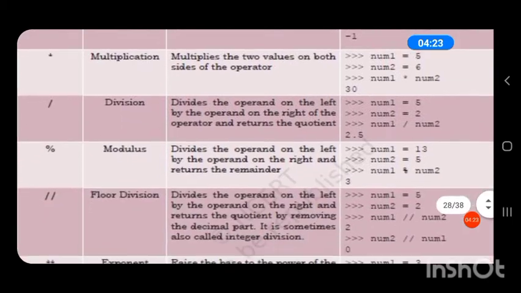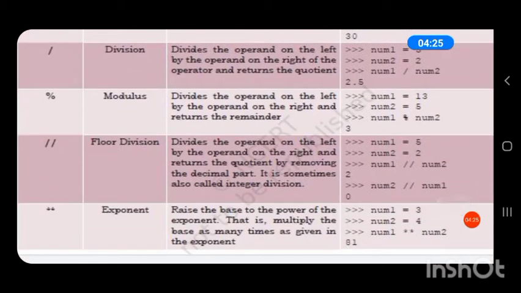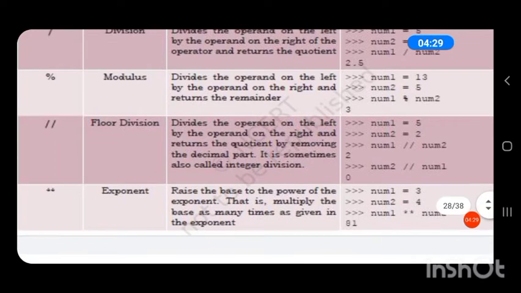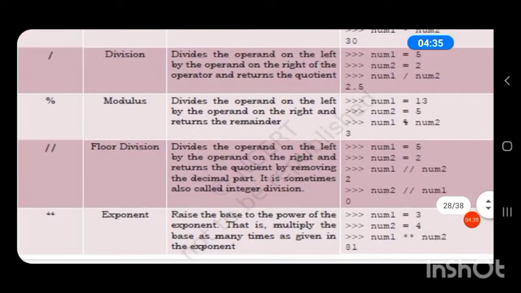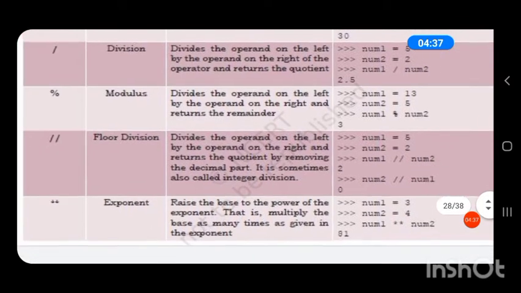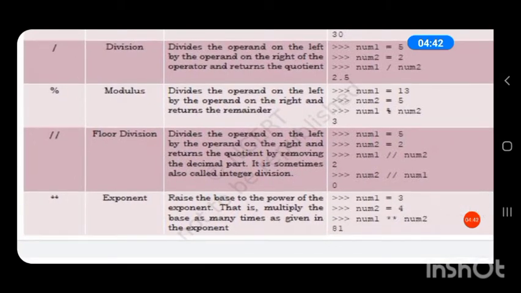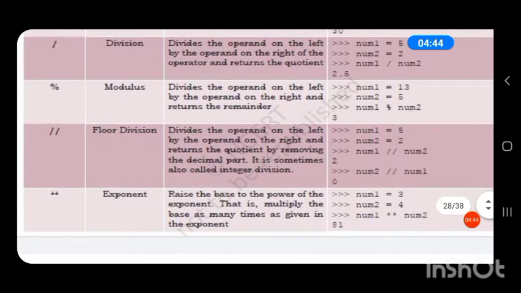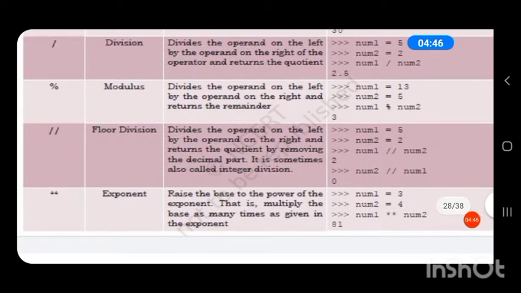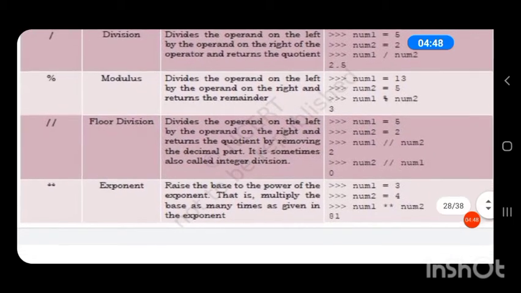The next operator is the percentage symbol, called modulus. It divides the operand on the left by the operand on the right and returns the remainder. So to calculate the remainder, the percentage symbol is used.